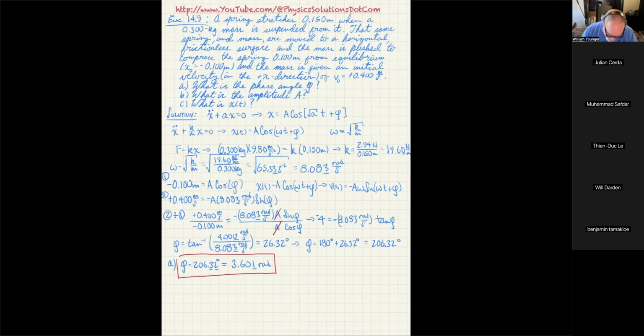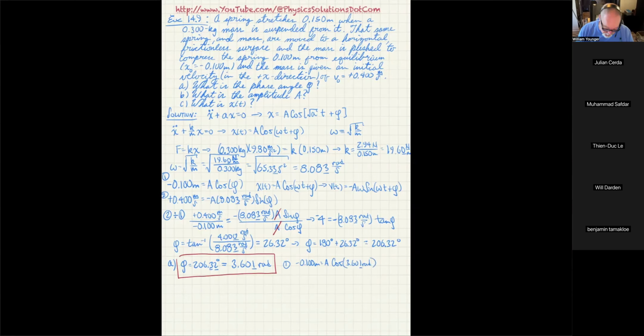Now that we have that, we can use, for instance, equation 1 to figure out what exactly A is. So using the phi and equation 1, we now have negative 0.100 meters is equal to A times the cosine of 3.601 radians, with one extra digit.